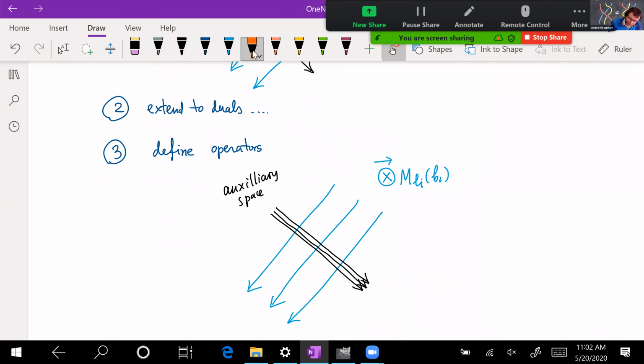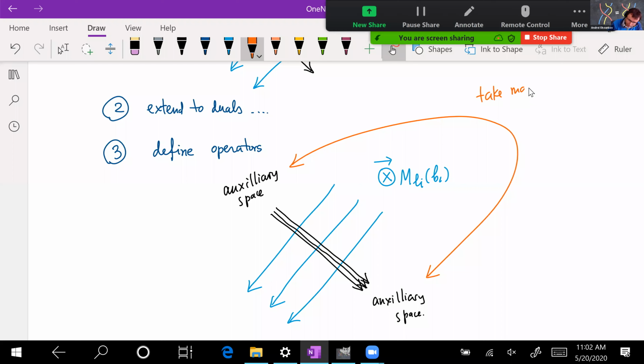And then we take matrix coefficients. So this goes to auxiliary space. Take matrix coefficients here. I said we were very fond of generating functions.